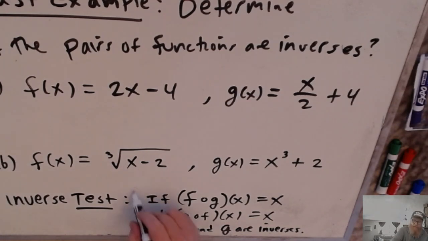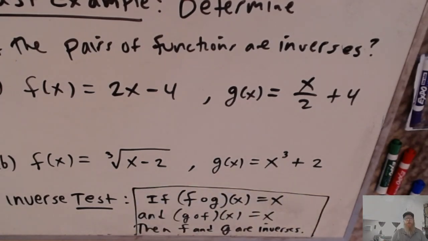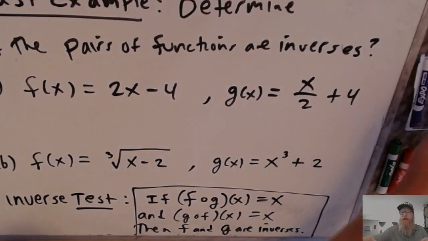All right, so this is our test. We're going to perform the composition both ways, f of g and g of f. If either one of these comes out not to just be one letter, x, then we say no. But if they do both come out to just be x, then we say yes, they are inverses.